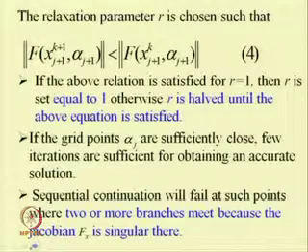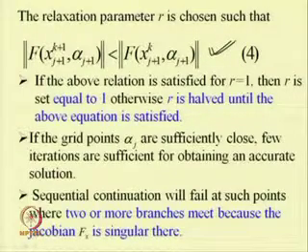The relaxation parameter r is chosen such that it has to satisfy this condition. If the above relation is satisfied, then r is set equal to 1; otherwise r is halved until the above condition is satisfied. If the grid points alpha_j are sufficiently close, few iterations are sufficient for obtaining an accurate solution.